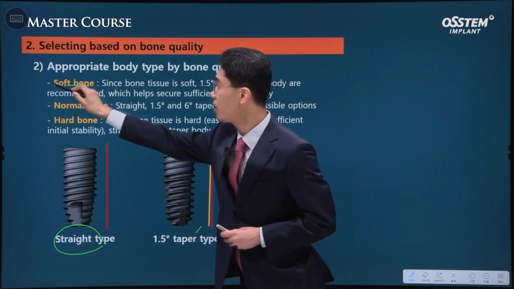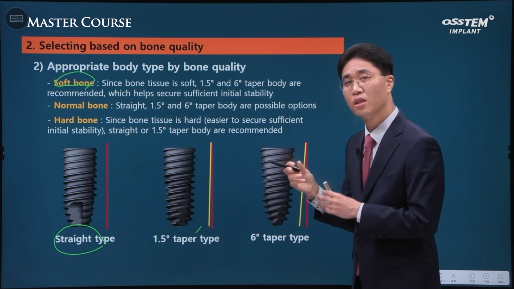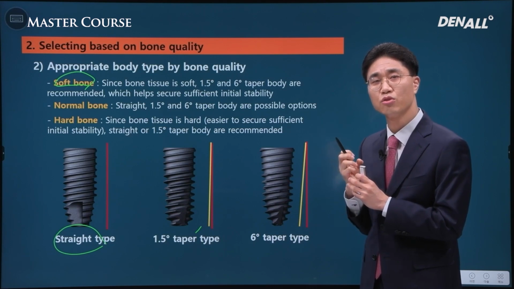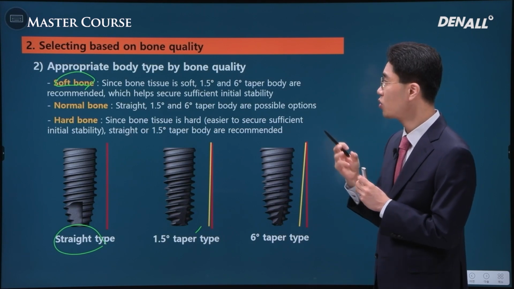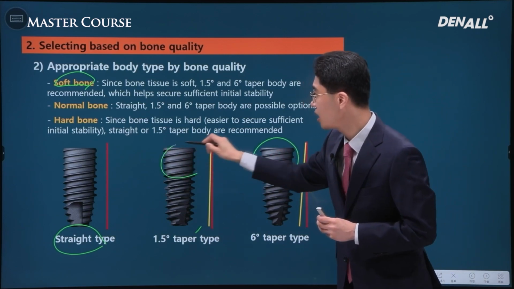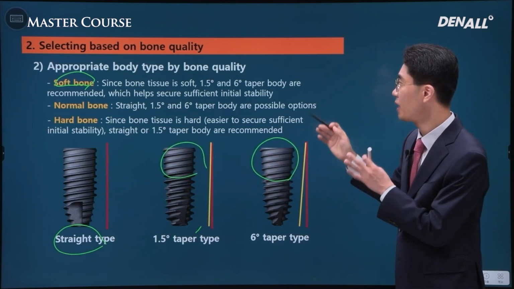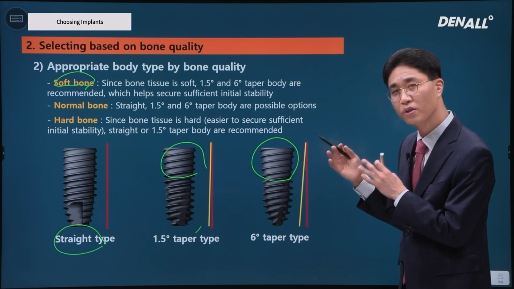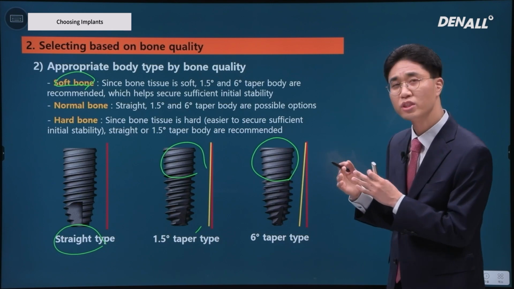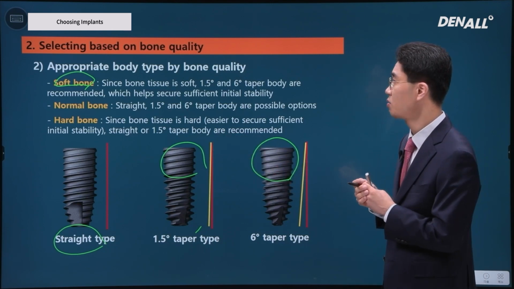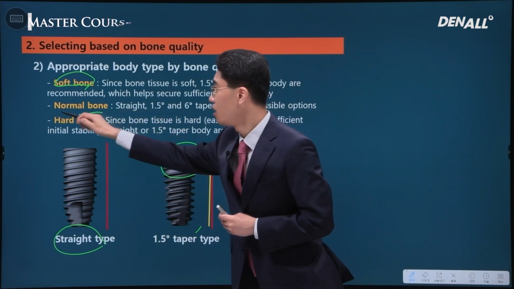Hence, if the bone quality is really weak and soft, in order to get good primary stability, you can use a tapered body implant. That'll be better. Yes, this is not a 100% must. This is something that surgeons should determine, but comparatively, a tapered body can be better.